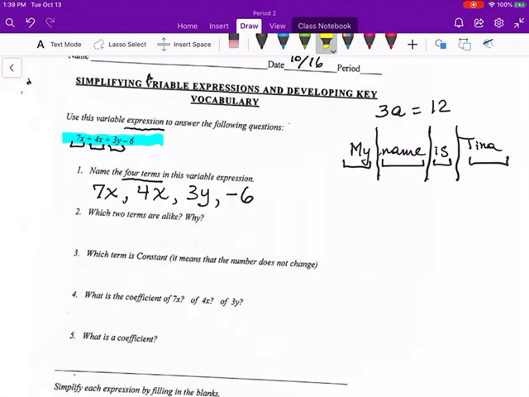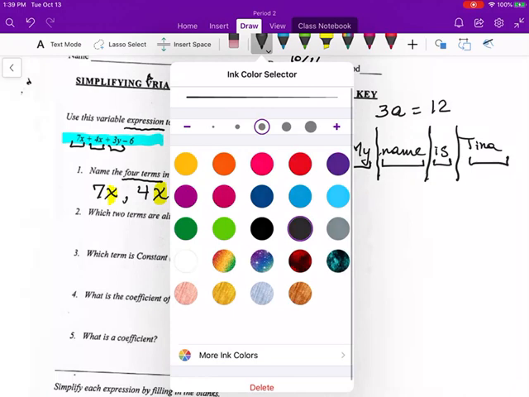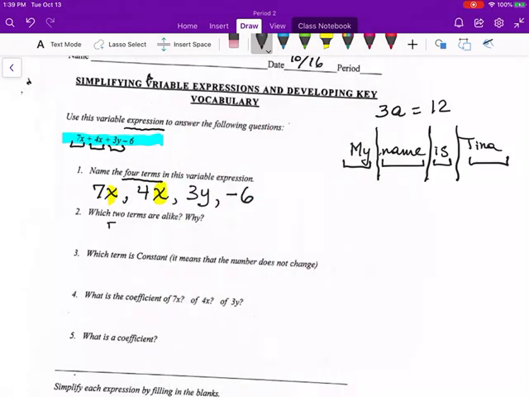So the only thing that I see in common between two of them is the x. These two terms, we call them like terms, okay? So 7x and 4x are like terms, and this is how we write it, like dash terms.